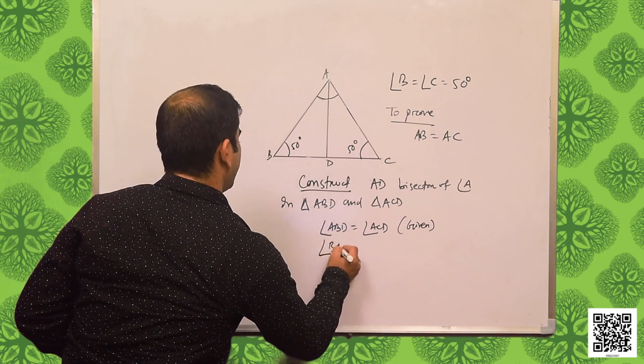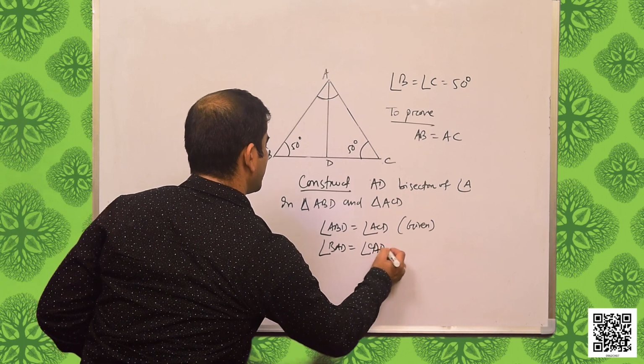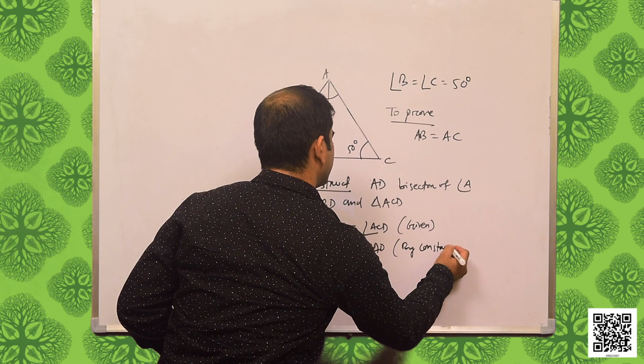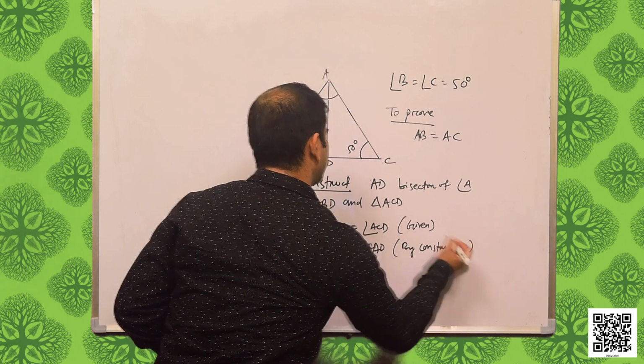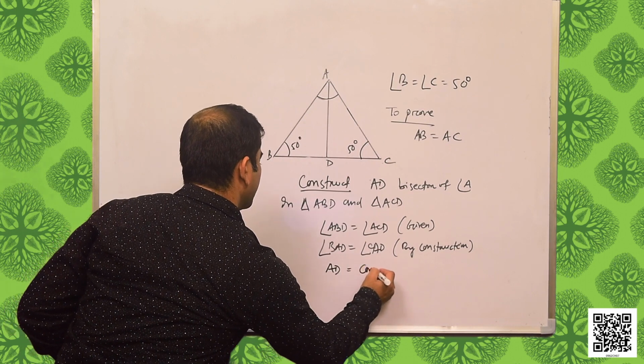Angle BAD is equal to angle CAD, this is by construction. And AD is your common side.